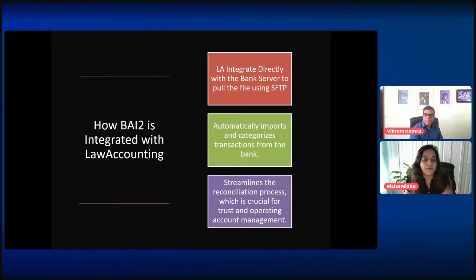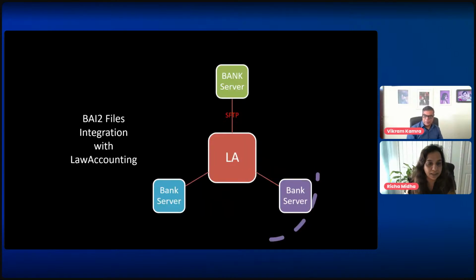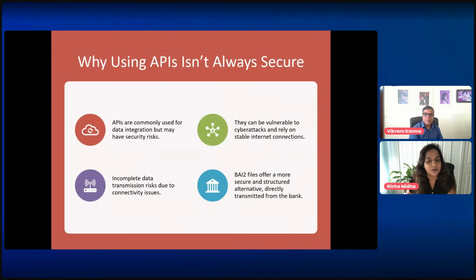So Vikram, if you go back to the previous slide, just on the API security. We are not saying that APIs are not secure. Just want to clarify that it depends on the type of APIs you are using. The main difference is that SFTP encrypts data while stored, while APIs focus only on when the data is in transit.